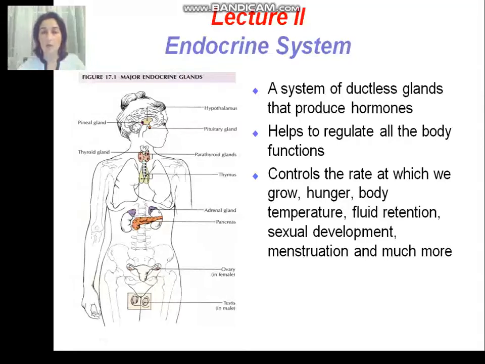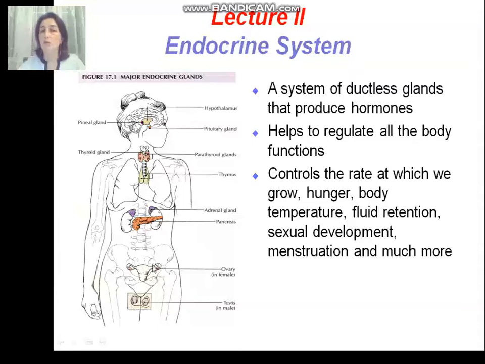We also have organs which associate the endocrine functions with non-endocrine ones. For example, the pancreas, which has endocrine and exocrine functions. We also have the sexual glands. These are the ovary and testes in female and in male.